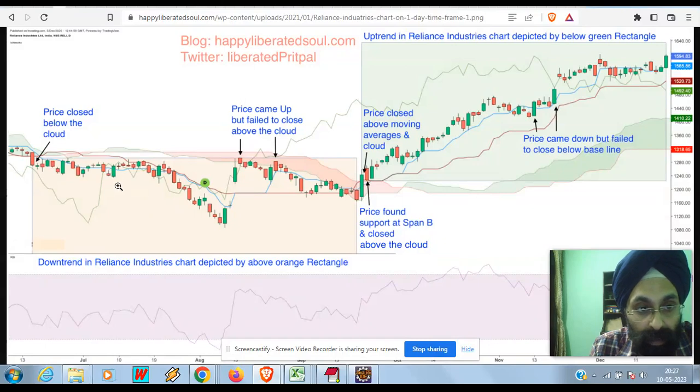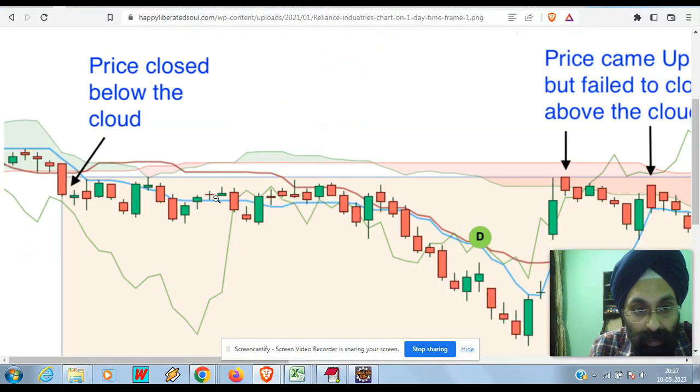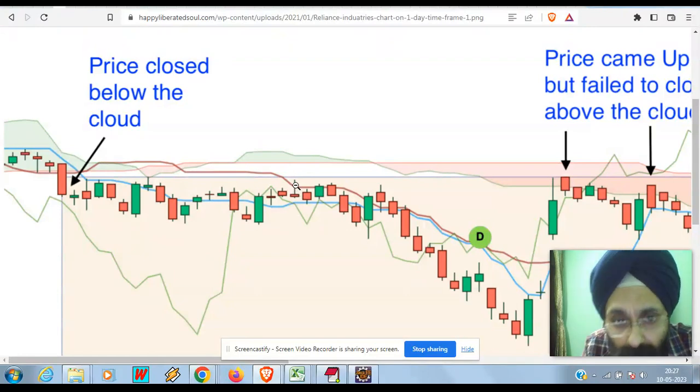Again a red candle, a green candle, followed by some red candles, but apart from this one, all are bearish candles. Again you see an inverted hammer, which faced the resistance at the baseline, which is the red line, acting as a resistance, and the price closed below this.